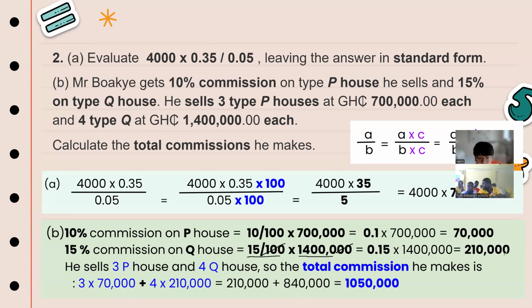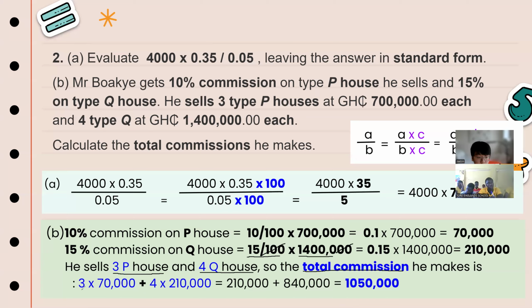Now that we have the individual commissions on both type P house and type Q house, we can find the total commission, as he sells 3 P houses and 4 Q houses.